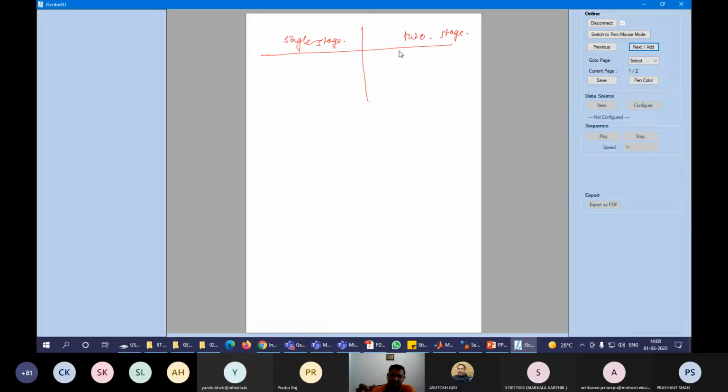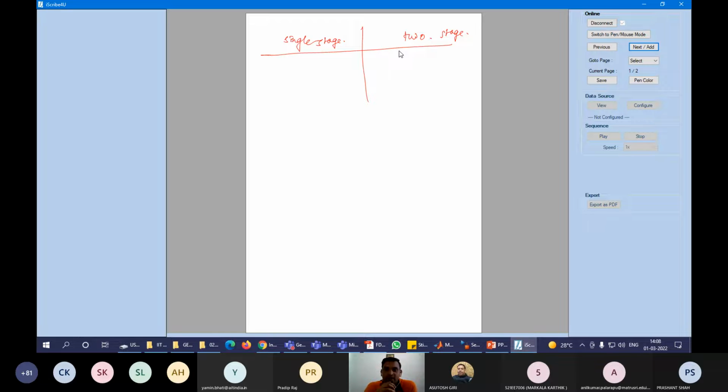The purpose of the boost converter is only for MPPT purpose. So we have to put a sufficient number of modules in series so that the duty ratio does not increase beyond 20%, beyond 0.2.